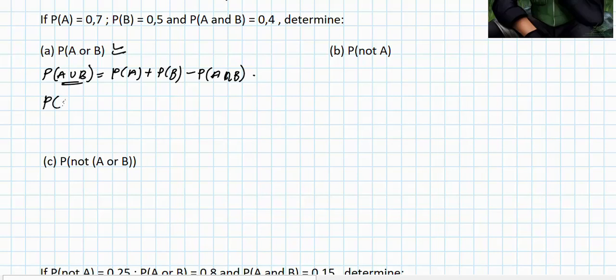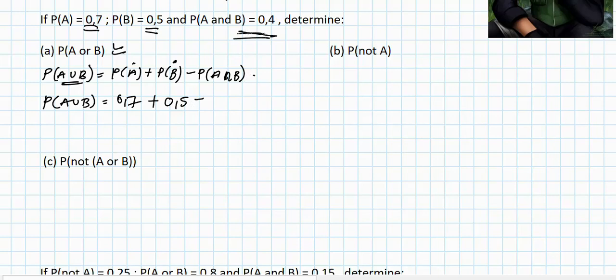So I'm going to say now the probability of the union is equal to, do we have the probability of A? Definitely. Here is the probability of A, 0.7. So that's 0.7 plus, do we have the probability of B? Yes, we have 0.5 for the probability of B. So plus 0.5 minus the probability of the intersection. Do we have a value for the intersection?